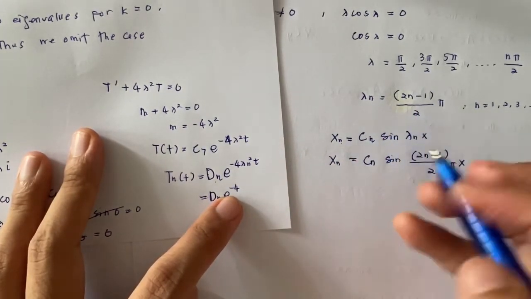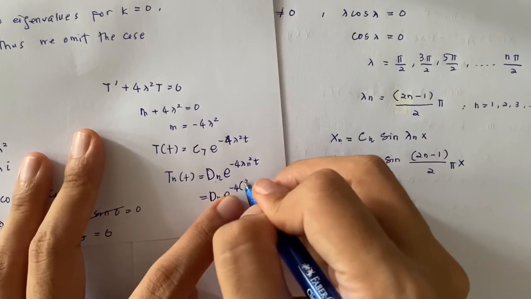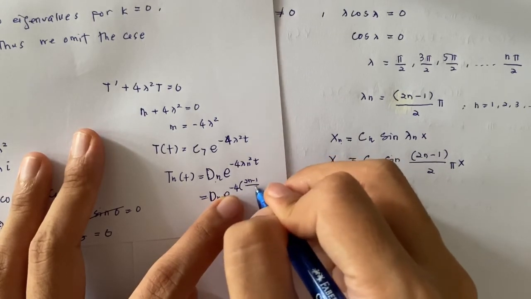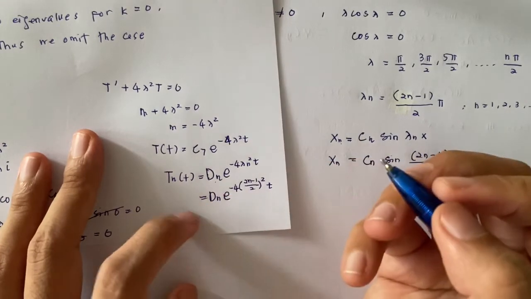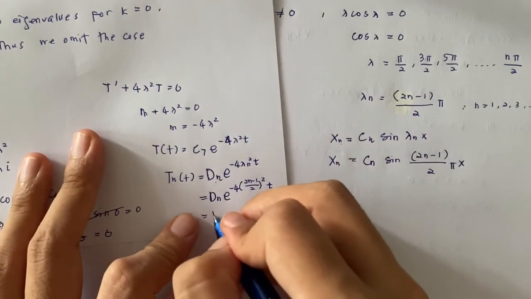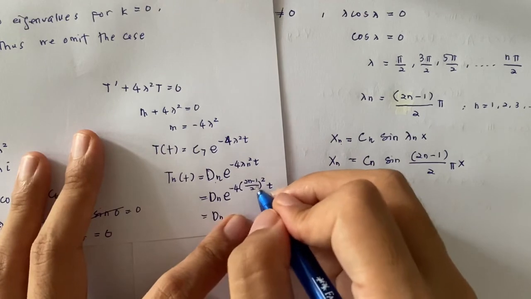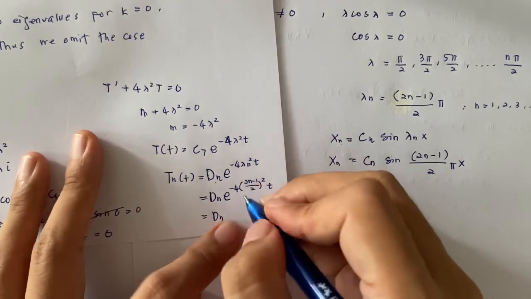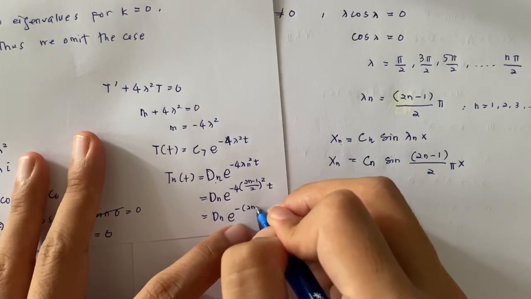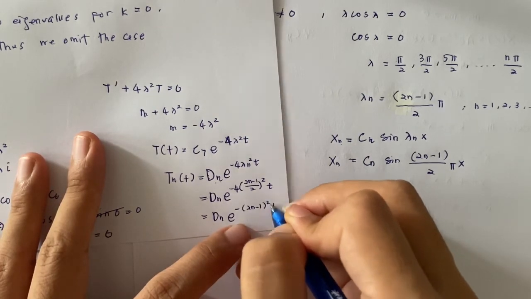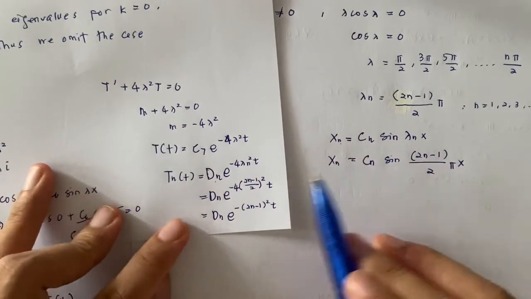So substitute the value for lambda n. We have 2n minus 1 over 2 square t. Okay, so this becomes Dn, 2 square is 4, so it can be cancelled. So exponent minus 2n minus 1 square t. So we have Xn and Tn.